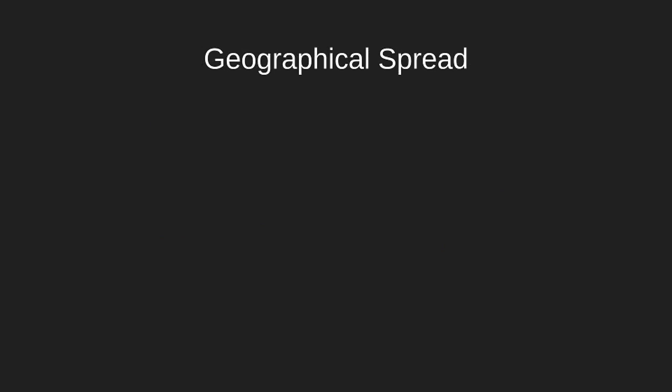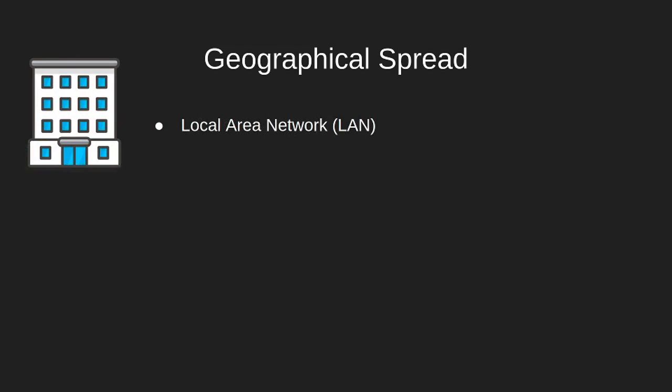But let's talk about that geographic spread or scope. A couple different ways this is divided out, but 3 of the most common would be local area networks, which would be kind of what it says. It's local. It's in the same building. Sometimes even it's the same room you're in, depending on the scope of the building and how things are laid out.